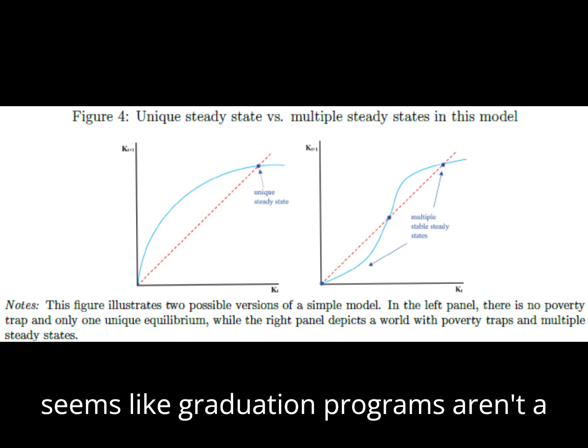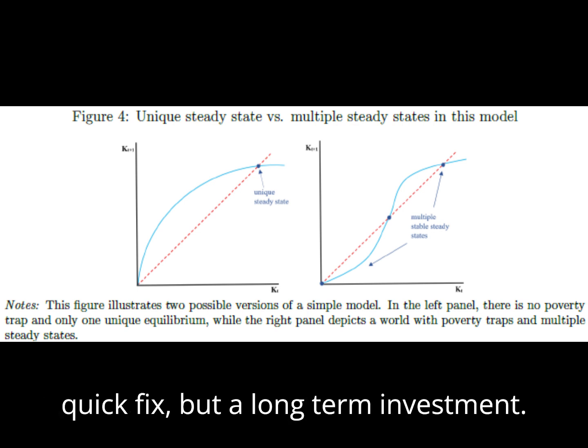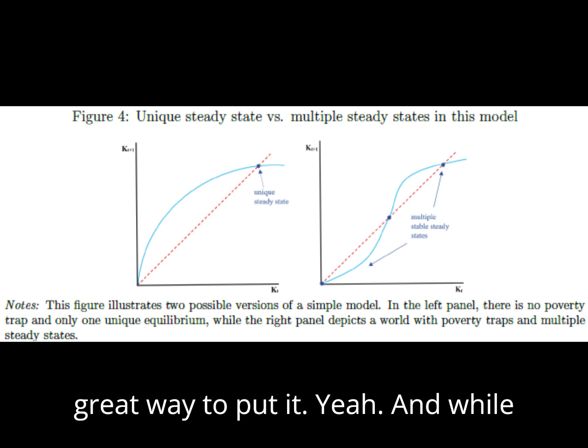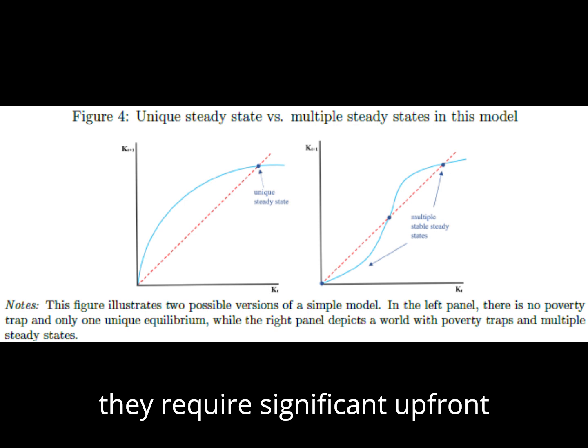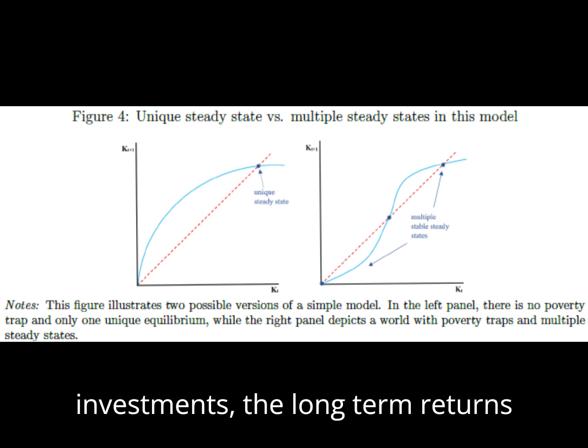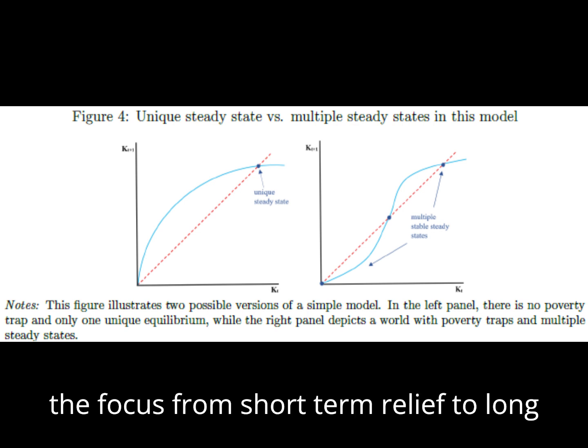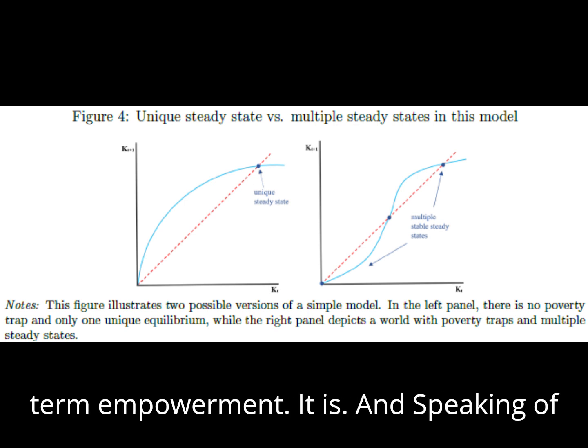So it seems like graduation programs aren't a quick fix, but a long-term investment in people's potential. That's a great way to put it. And while they require significant upfront investments, the long-term returns can be substantial. It's about shifting the focus from short-term relief to long-term empowerment.